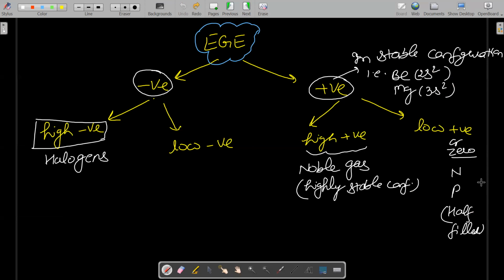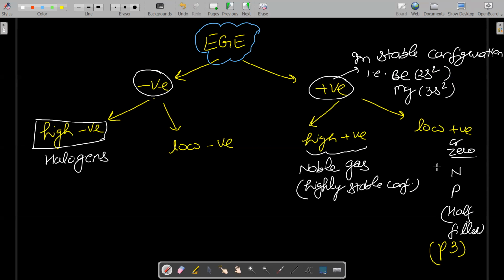Even group 15 elements, that is nitrogen, phosphorus, they are also a stable half-filled configuration. All of you know it is p3. Nitrogen, phosphorus, the outermost configuration is p3, that is half-filled, and that is highly stable. So in this case also, if the configuration is stable, electron will not add easily.